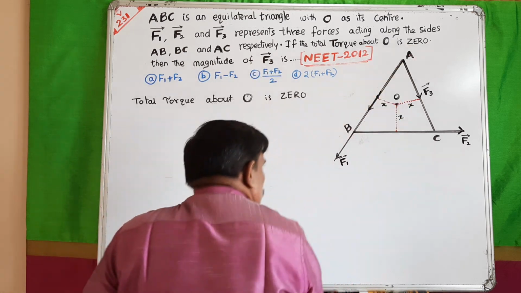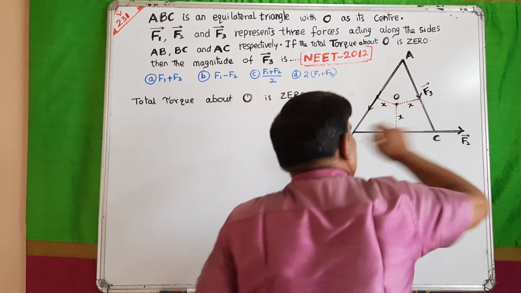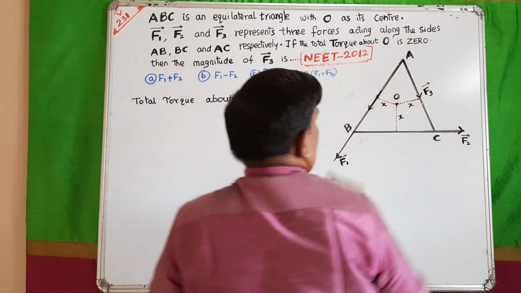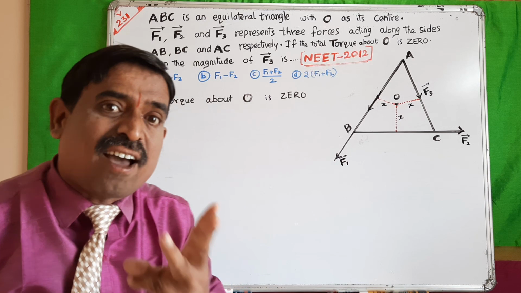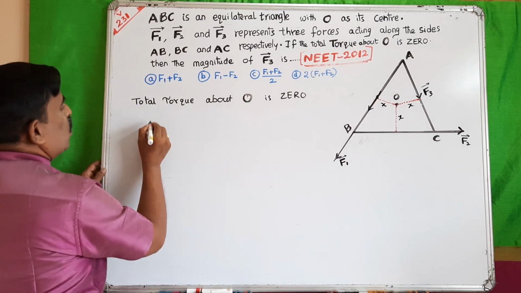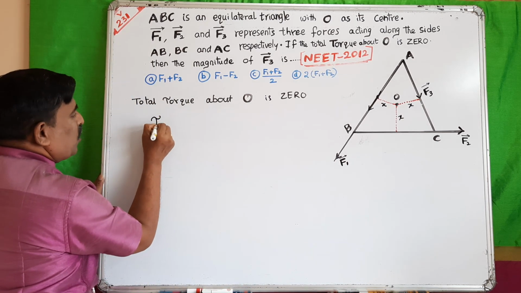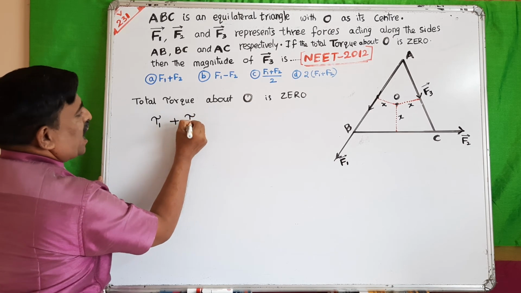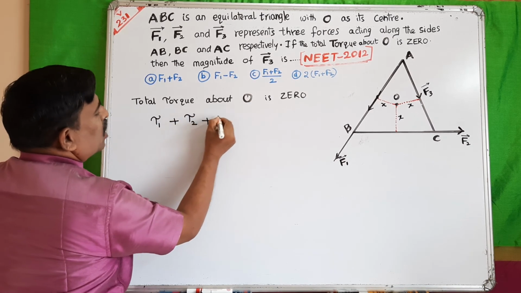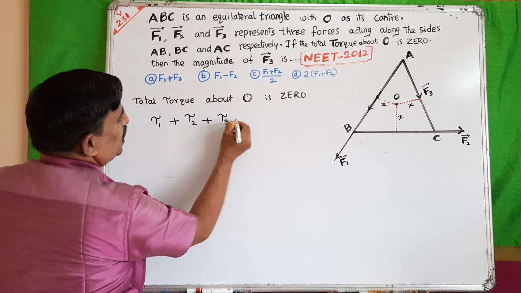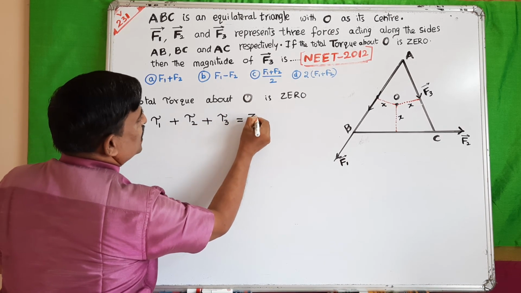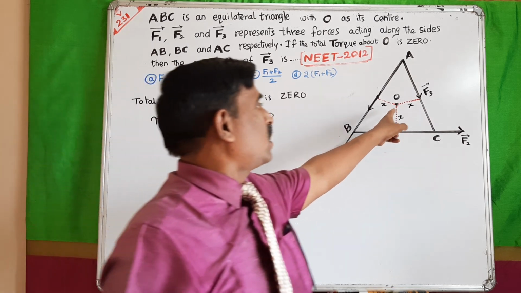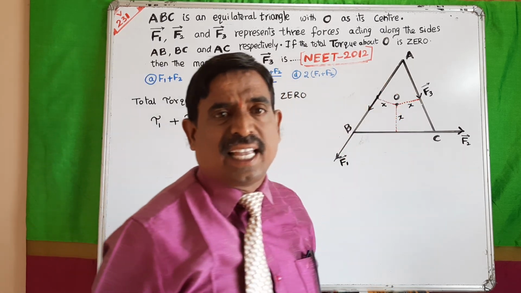One torque is due to the F1 force, another torque is due to the F2 force, another torque is due to the F3 force. Torque due to the first force, tau 1, plus torque due to the second force, tau 2, plus torque due to the third force, tau 3, they have given as 0. Total torque about the center of the triangle O is 0.